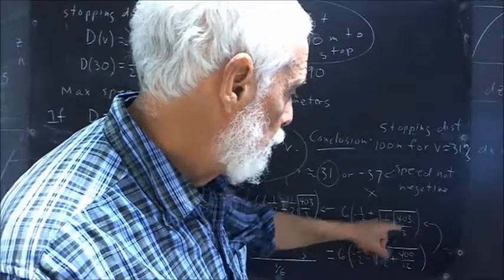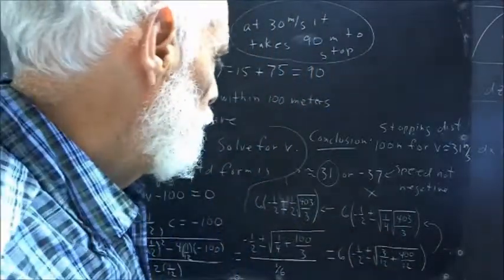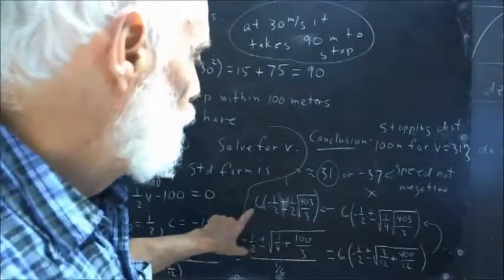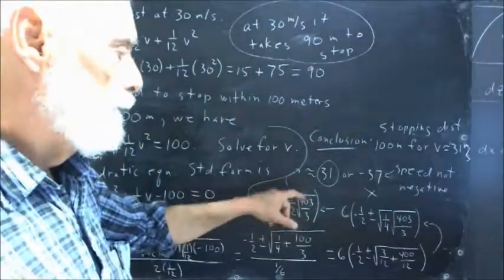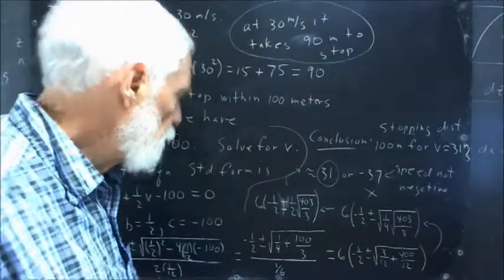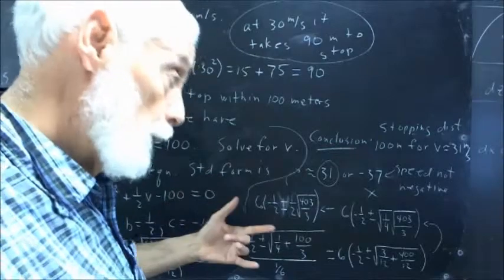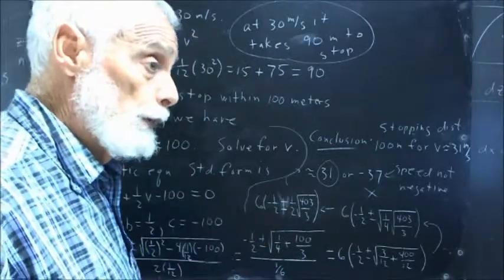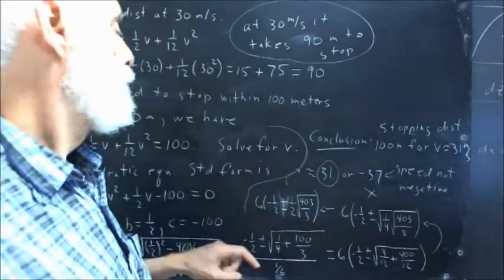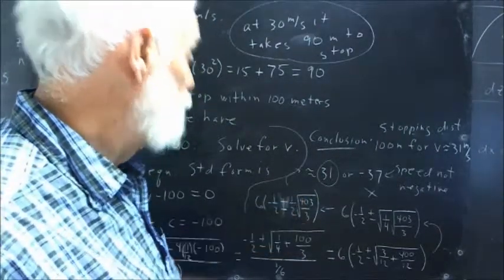We factor out a 1/4, leaving us 403 over 3. Square root of 1/4 is 1/2. We get this form. 403 over 3 is 134 1/3. 134 is a little closer to 144, the square of 12, than it is to 121, the square of 11. So this number is going to be somewhere between 11 and 12.